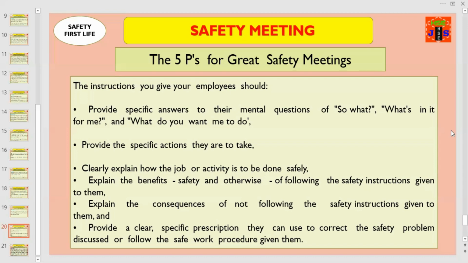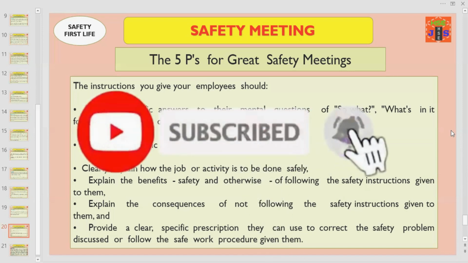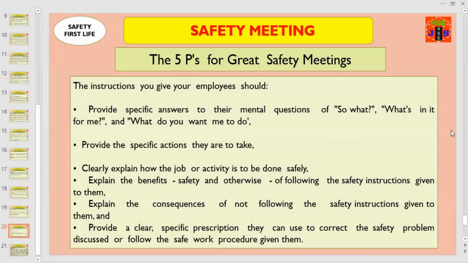Explain the benefits of safety and otherwise of following the safety instructions given to them. Explain the consequences of not following the safety instructions given to them and provide a clear, specific prescription they can use to correct the safety problem discussed or follow the safe work procedure given to them.